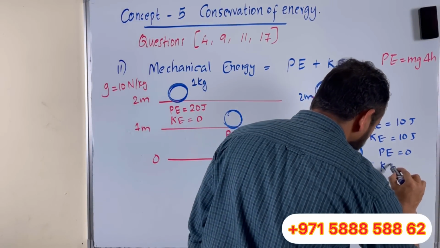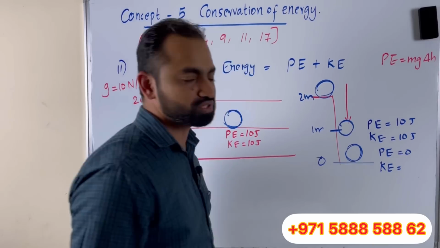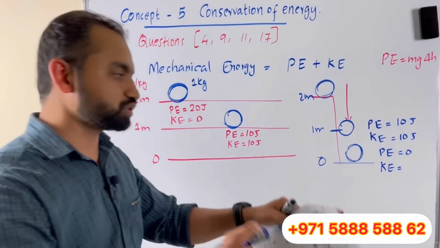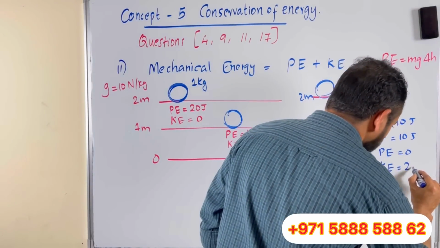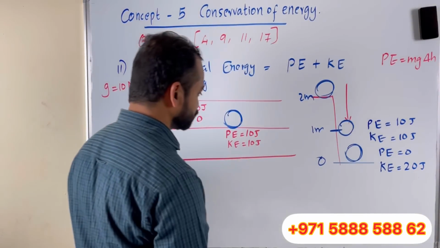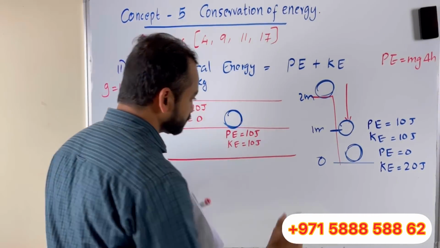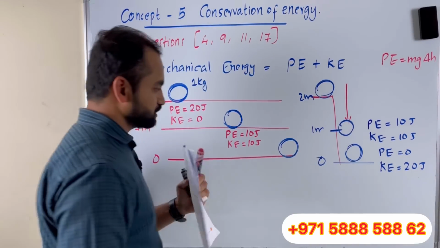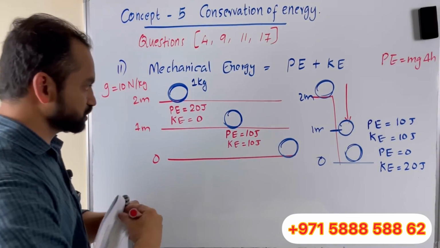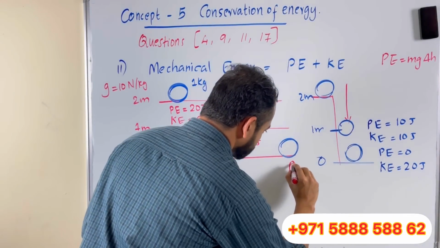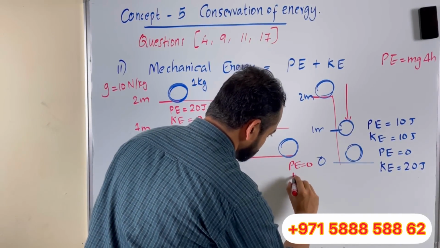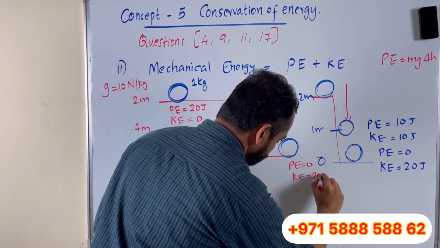It lost all its 20 joule of potential energy, and that is converted to kinetic energy. So the kinetic energy is equal to 20 joule. When the ball reaches the bottom, its potential energy is equal to 0, and its kinetic energy is equal to 20 joule.